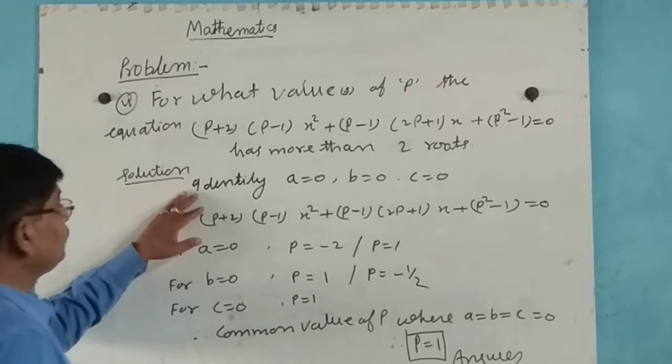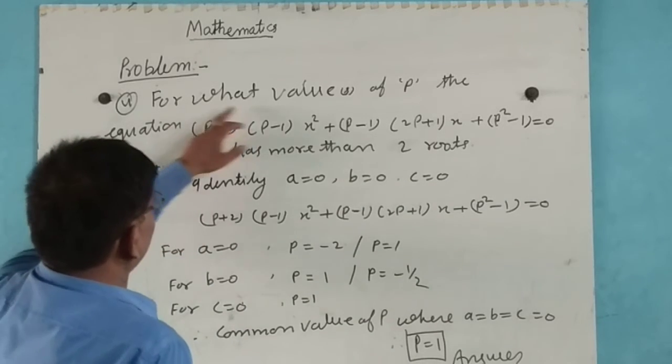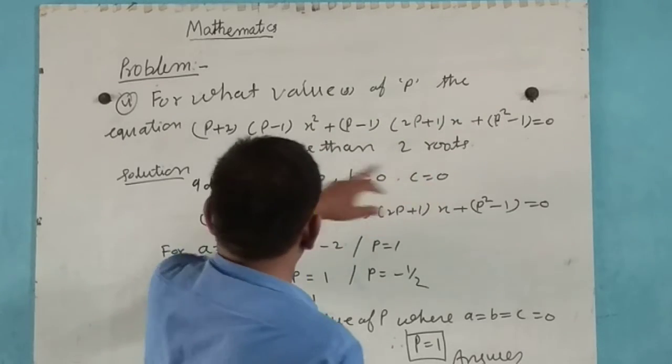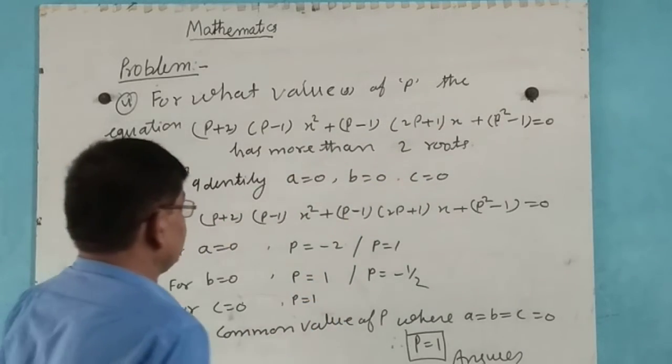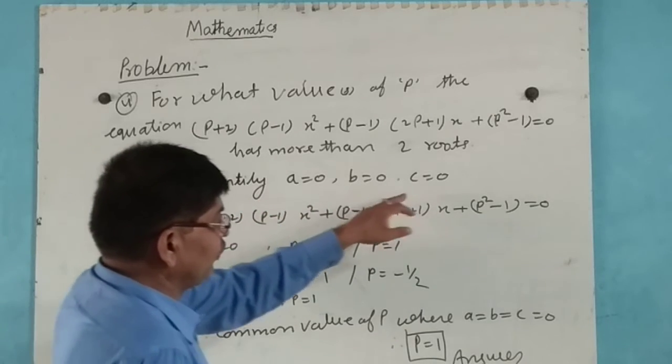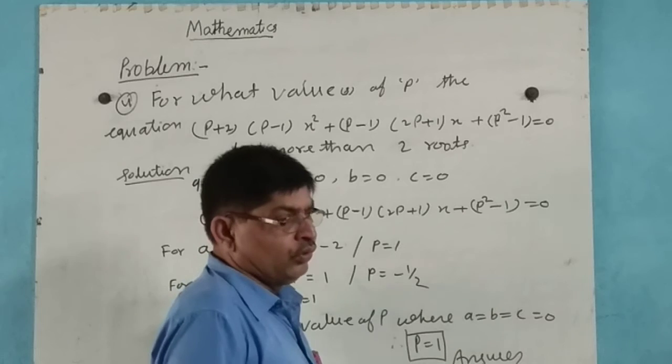Now, for what value of p does this equation have more than two roots? For an identity, a is equal to 0, b is equal to 0 and c is equal to 0.